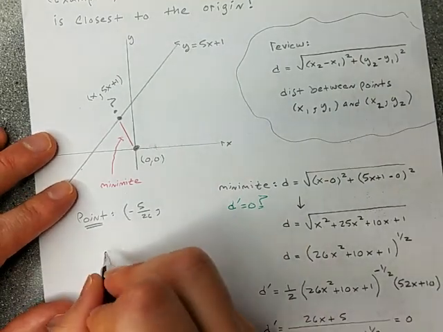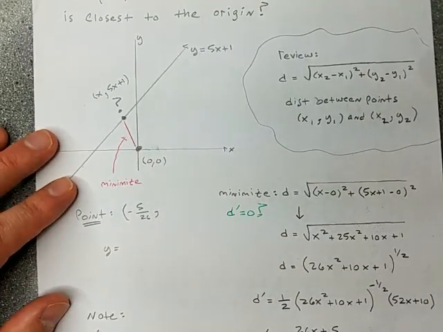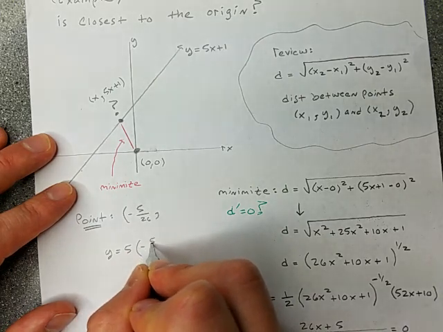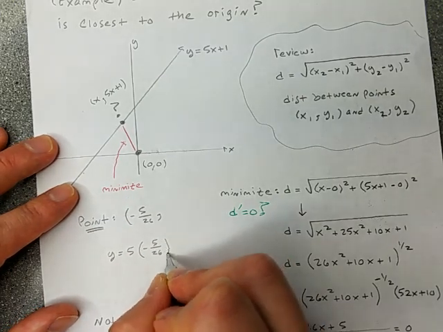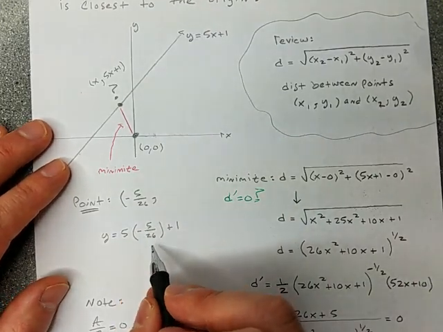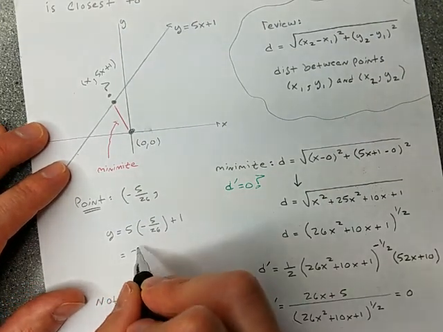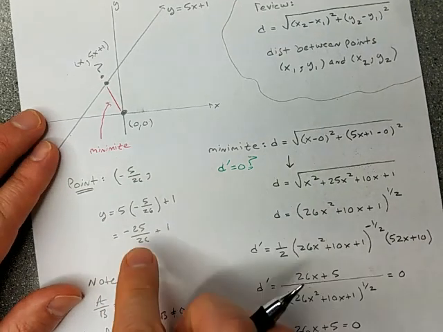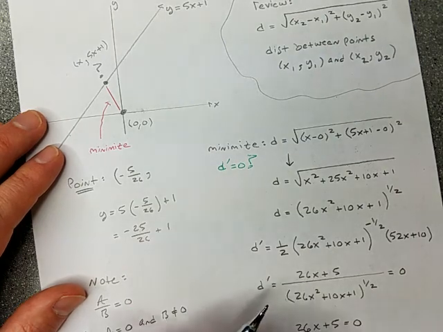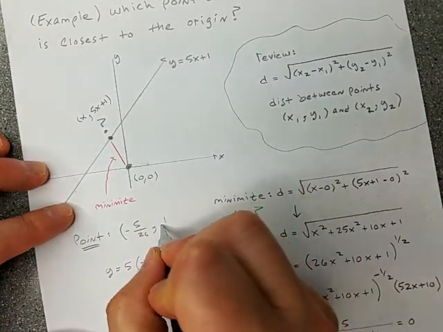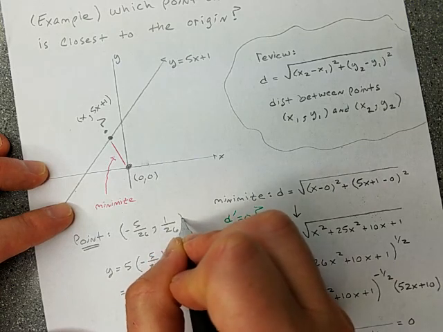So the y-coordinate is going to be 5 times the x-coordinate, plus 1. So that's negative 25 over 26 plus 26 over 26. That's 1 over 26. So the y-coordinate is 1 over 26.